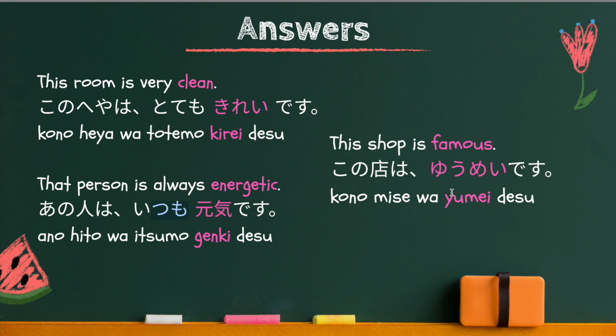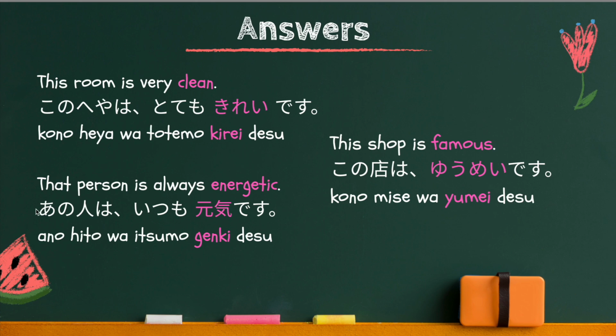So now I will read everything, so please repeat after me. この部屋はとてもきれいです。あの人はいつも元気です。この店は有名です。So, この, those are the demonstrative adjectives you learned in the past lessons.